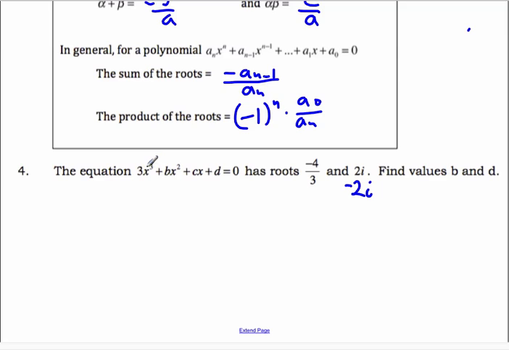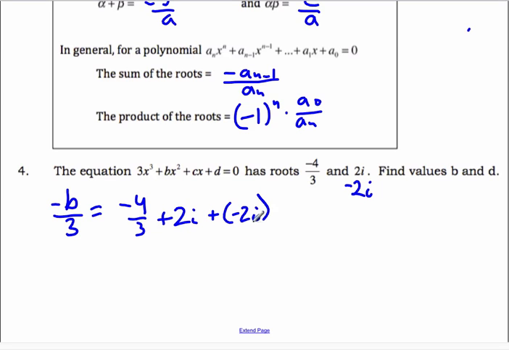We're going to have negative b over 3 equals the sum of the roots, which is -4/3 plus 2i plus -2i. These always cancel, so b over 3 equals 4 over 3, just multiplied by -1, so that means b equals 4.